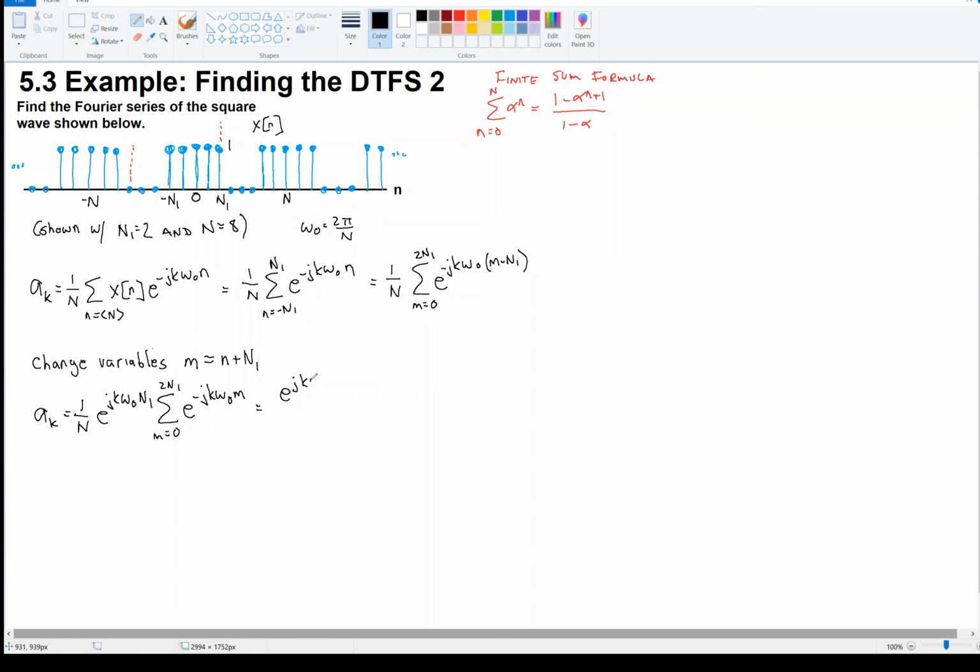This is e to the jk omega 0 N1 over N. Then applying this formula, this is equal to 1 minus e to the minus jk omega 0, that's alpha, to the upper bound plus 1, 2N1 plus 1, over 1 minus alpha.